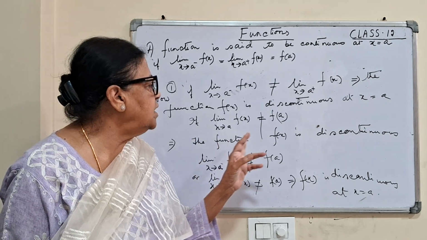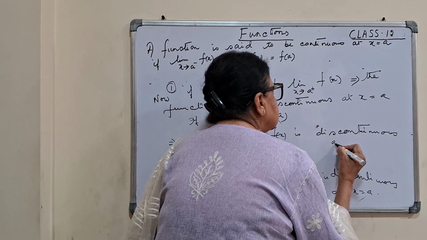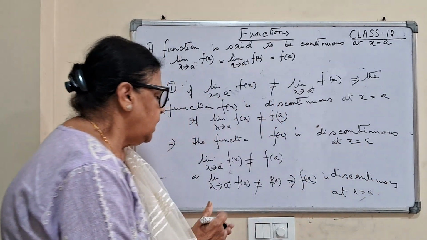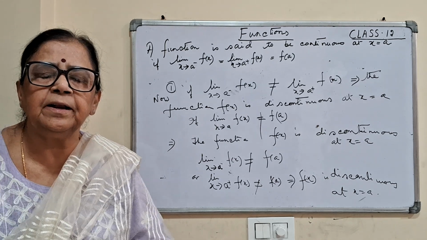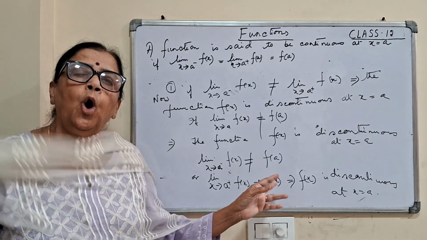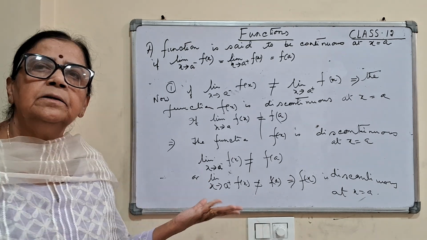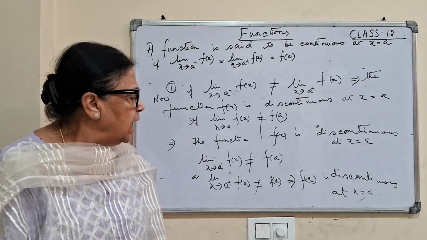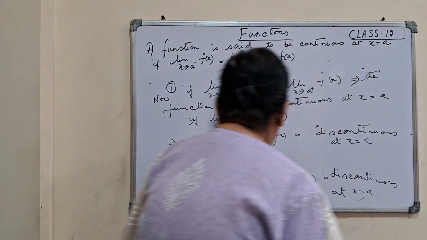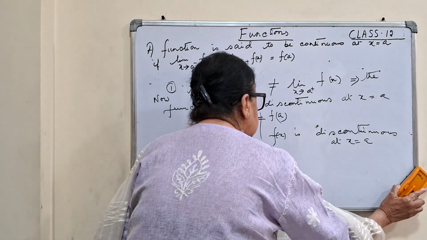So the function is discontinuous at x is equal to a. Similarly, if one of the side limits, the left hand limit is not equal to the functional value, or the right hand limit is not equal to the functional value, then I can say it is discontinuous. This is a very minor point.